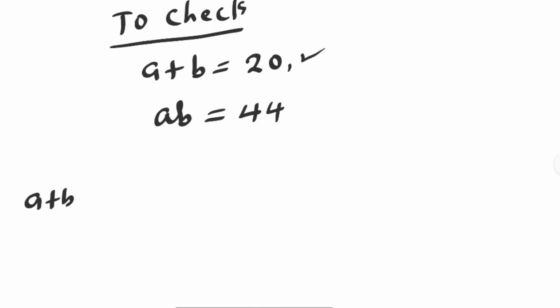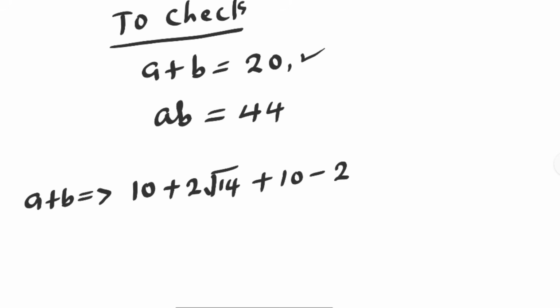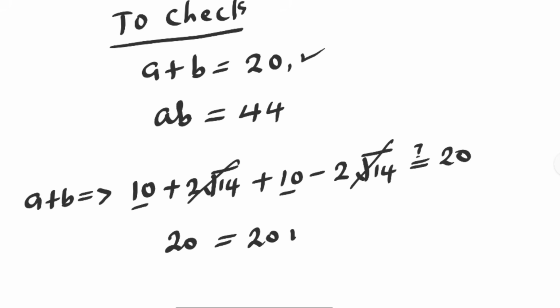A plus B can be written as 10 plus 2 root 14 plus 10 minus 2 root 14, must be equal to 20. This cancels this. Then 10 plus 10, this is 20, is equal to 20, which is true.